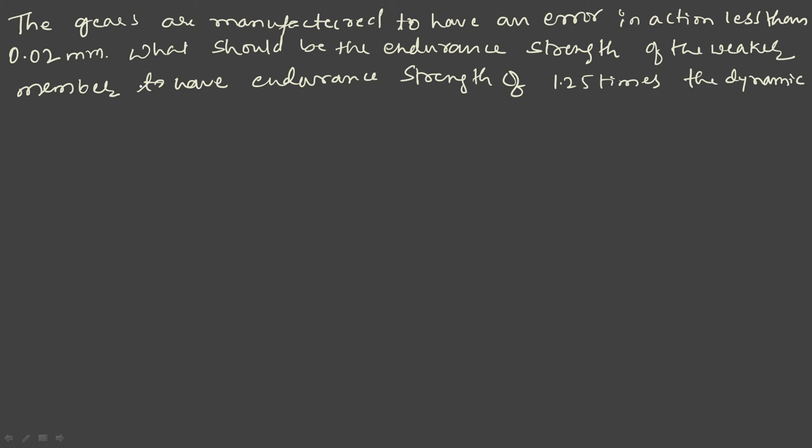The dynamic load. You need to find out, first thing, what is the power based on bending strength, and what is the power based on endurance strength. Next you need to find the endurance strength of the weaker member, if the dynamic load is 1.25 times.